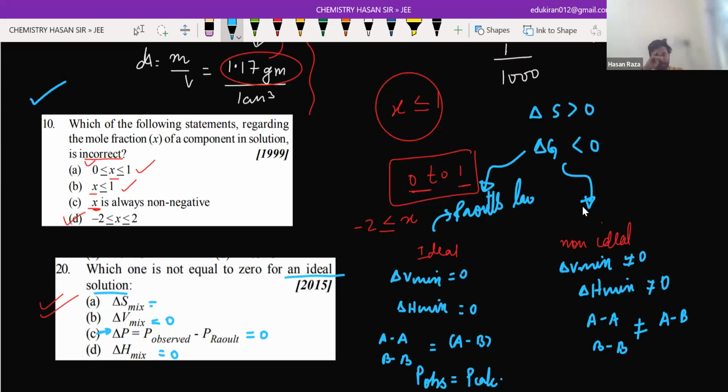Got it? So you can see delta S mix is greater than 0. So according to the question, which one is not equal to 0 for an ideal solution? That is delta S. Got it? Yes.